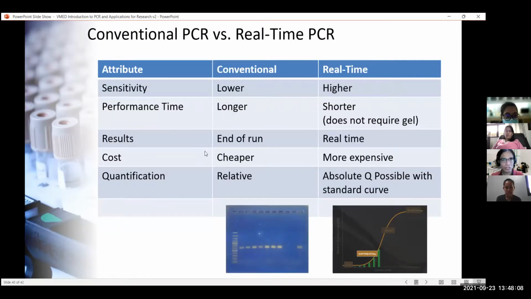Okay, so this is just a summary comparing conventional PCR with real-time PCR. In case you're faced with the decision, should I use conventional PCR or real-time PCR? For sensitivity, conventional PCR usually has lower sensitivity, and real-time PCR usually has higher sensitivity.